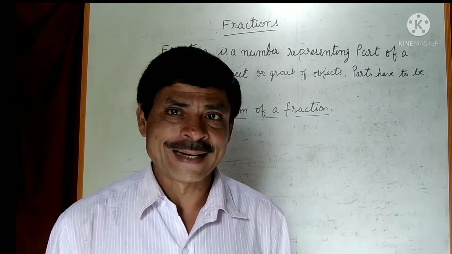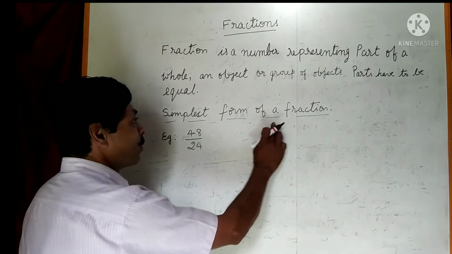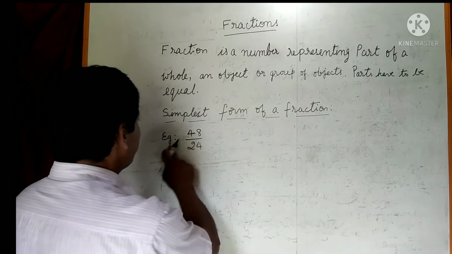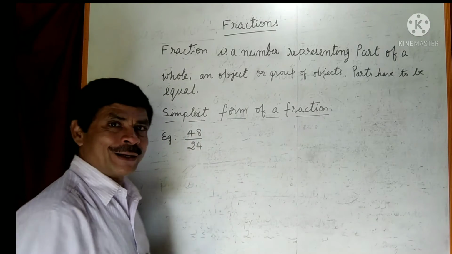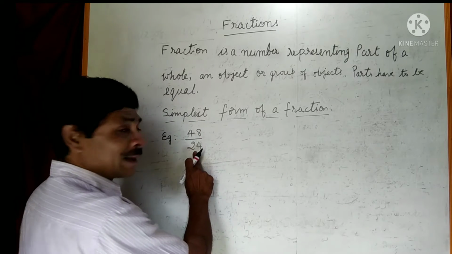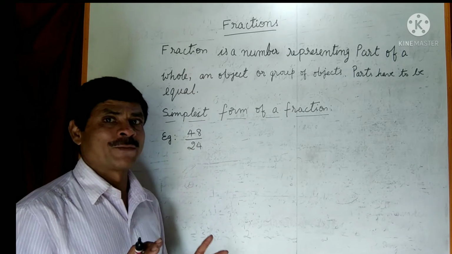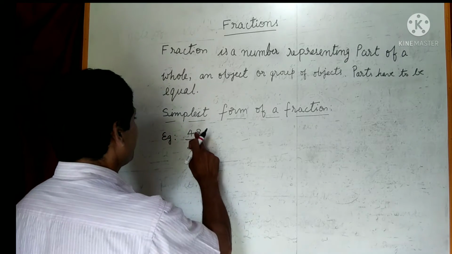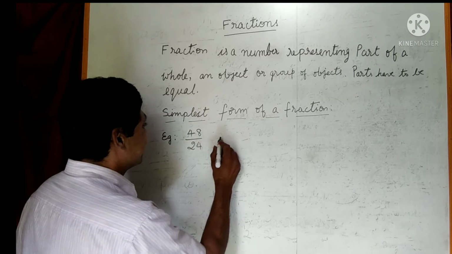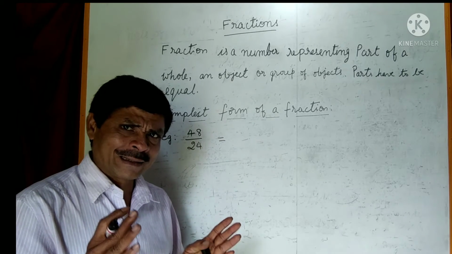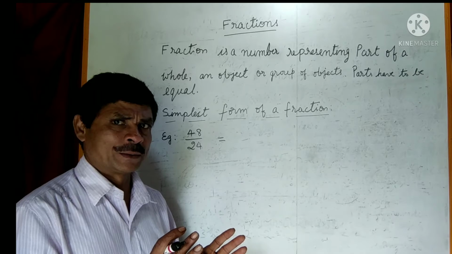Now let us understand the simplest form of a fraction. Okay? We will take the example 48 divided by 24. And now we have to bring this into simplest form. To bring it into simplest form, we have to simplify it till we get the fraction in a smallest form. Okay?